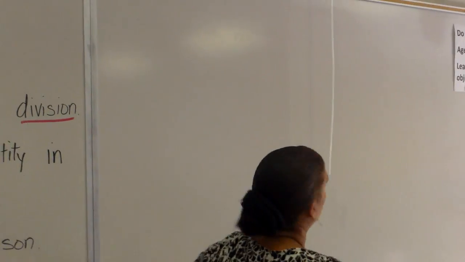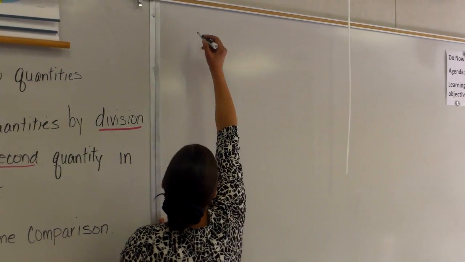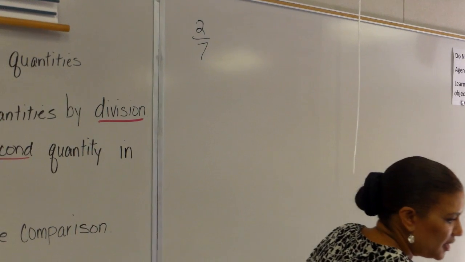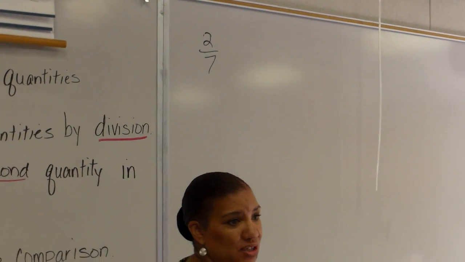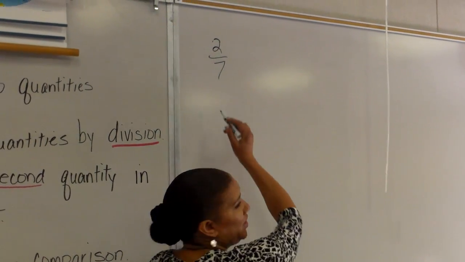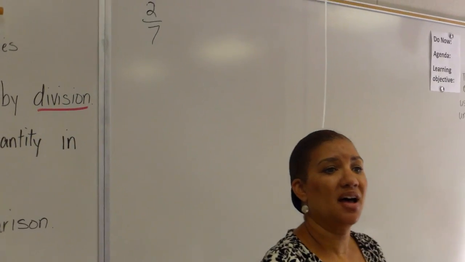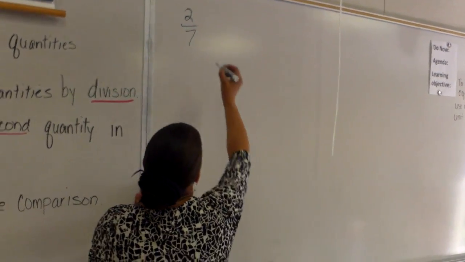Okay, we have 5 to 3. Let's do 2 to 7. I want you to write this down. Let's say we have a ratio of 2 to 7. I have a ratio of boys to girls. 2 boys to every 7 girls. How do I find the equivalent ratio?